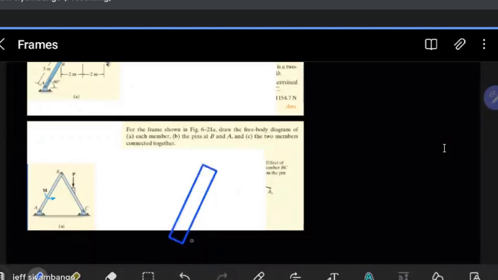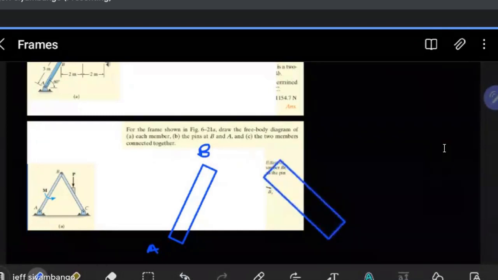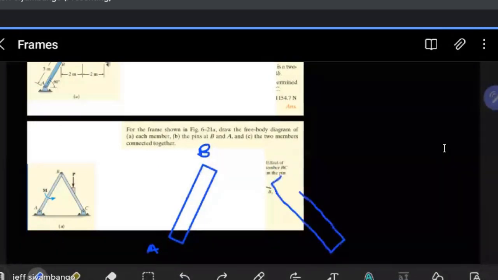So this is the member AB, and then the other side, the other member. Okay, so you disassemble all the pieces, all the frames or the members of the structure. So draw them as individual pieces.